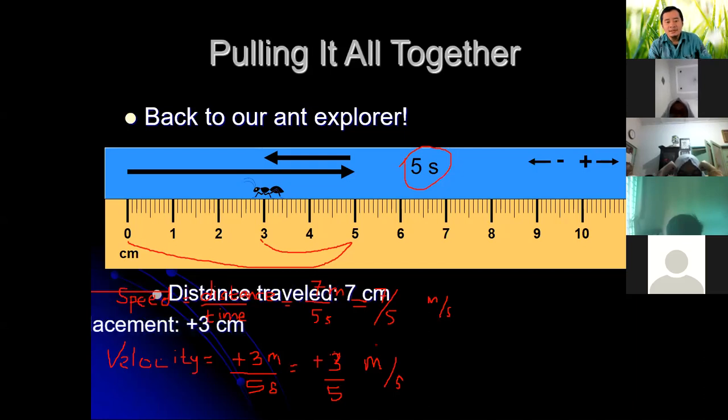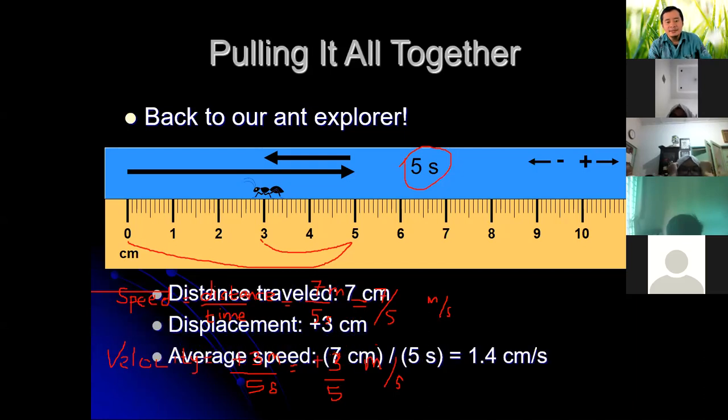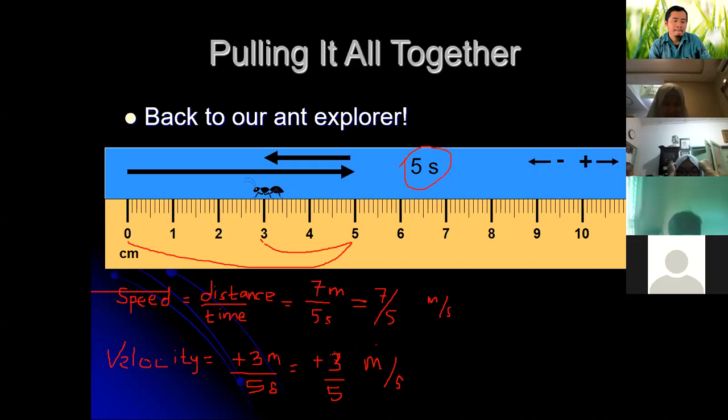Okay, thank you. This is the distance, displacement. You can answer in fraction form or decimal form. It's up to you, or based on the question or the options in the multiple choice questions.